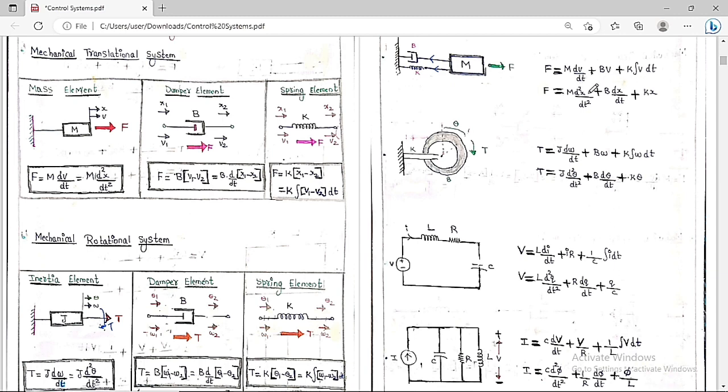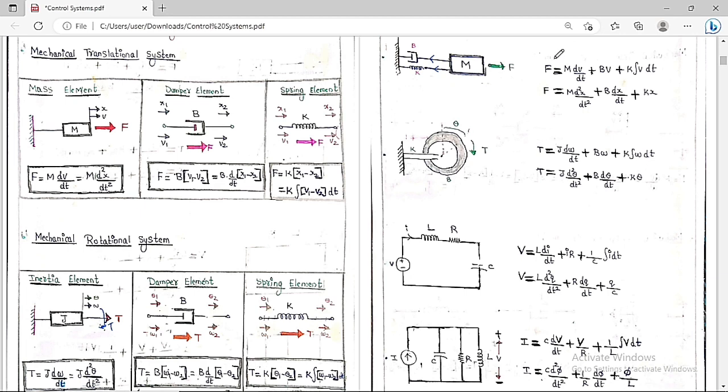And here velocity is analogous to angular velocity, and angular velocity is analogous to current. Current is analogous to voltage. Similarly, linear displacement is analogous to angular displacement, angular displacement is analogous to charge, and the charge is analogous to flux phi. These are the things that we get from all these four equations.